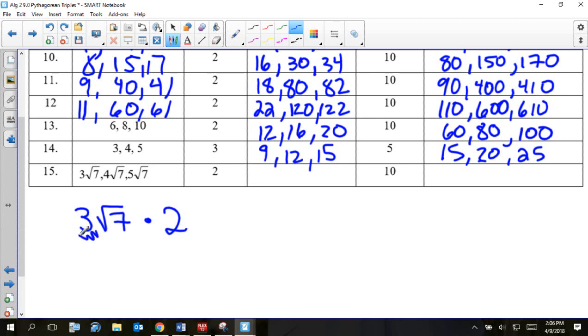The 3 and the 2 together. You can't multiply a number into the radical. So we'll just have 6 square root 7, 8 square root 7, 10 square root 7. And when we do the factor of 10, we'll have 30 square root 7, 40 square root 7, 50 square root 7.